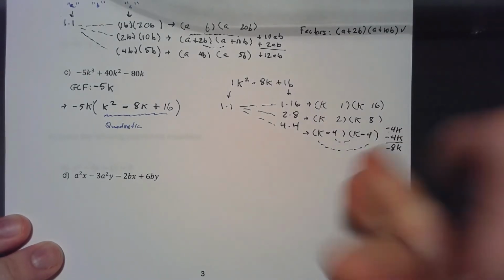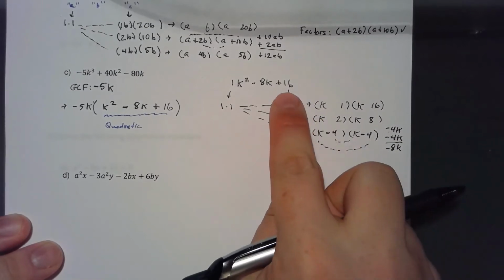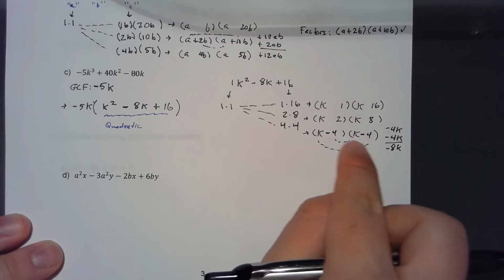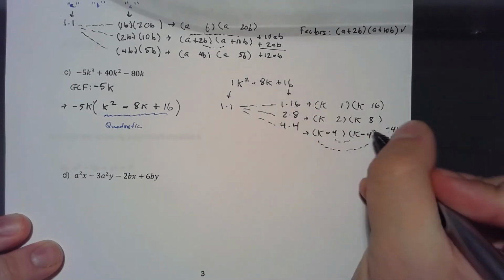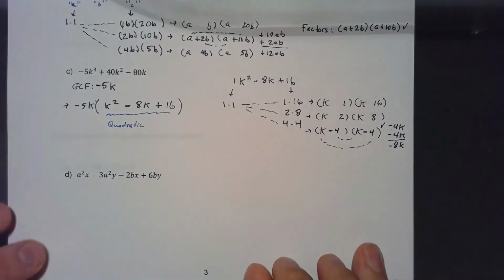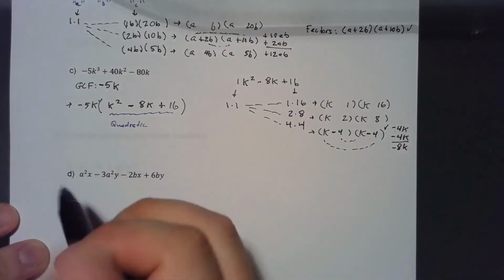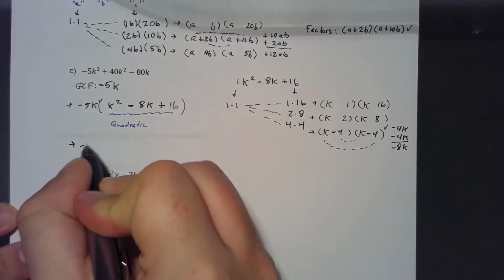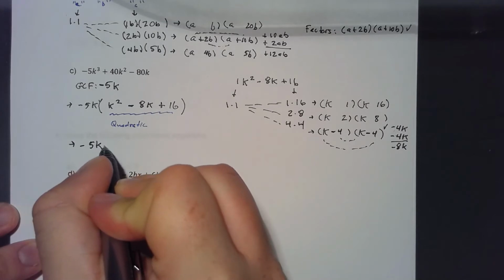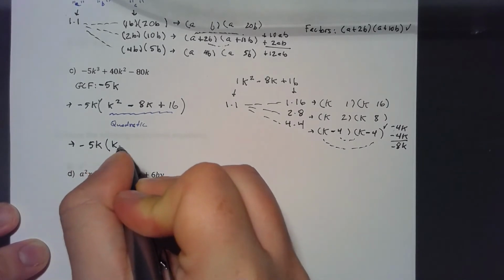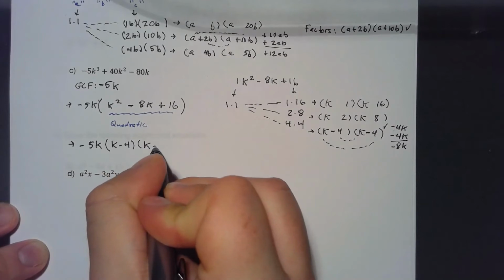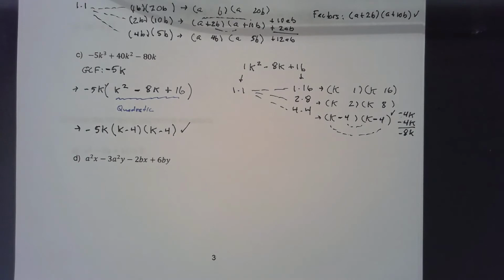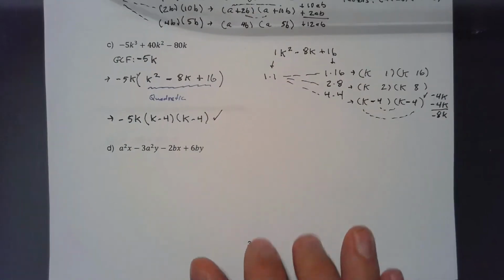But the last thing you've got to do is check if the C's give you what you started with, your initial C. Negative 4 times negative 4 is positive 16, so boom, that works. So this quadratic factors to be these two binomials. So the whole polynomial factors to be negative 5k times k minus 4 times k minus 4. And that's it.